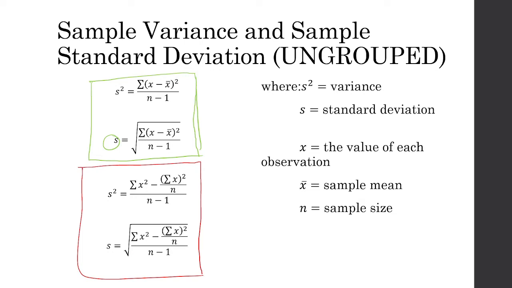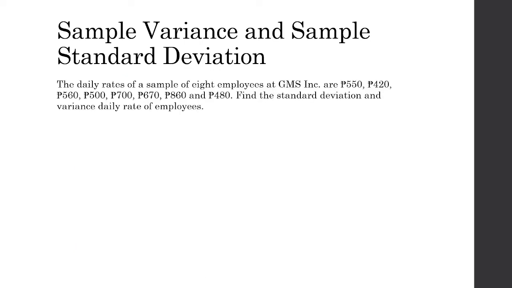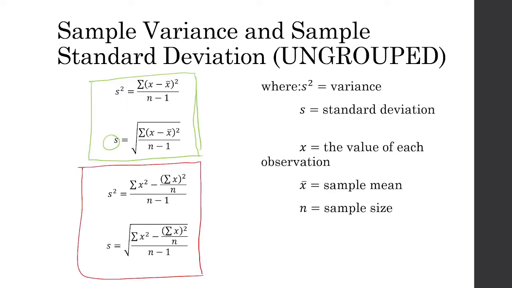So for example, let's use our recurring example. Kung halimbawa, ayoko nang mag-compute ng mean, I will be using the latter formula, yung nakabox sa red. Kopyahin lang natin siya.